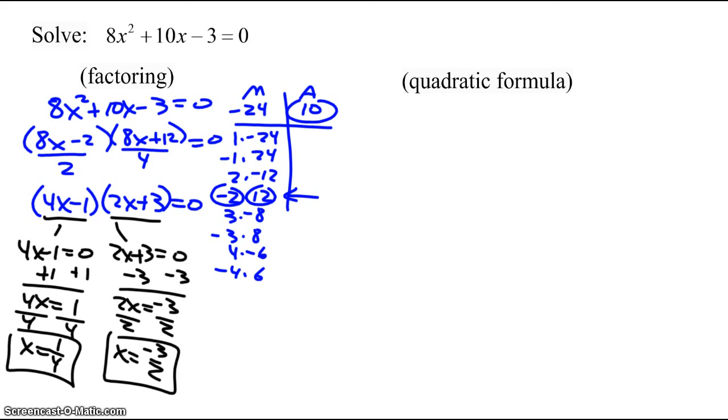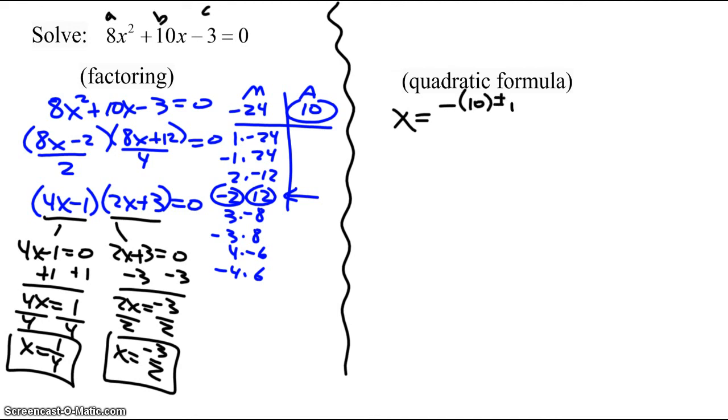Okay, let's take a look at the quadratic formula. We'll do this separately with the quadratic formula. So here are the numbers plugged in for my a, my b, and my c. So I'd have negative b plus or minus the square root of b squared. That's going to be 10 squared minus 4 times a times c, which is negative 3, all over 2 times a. Okay?